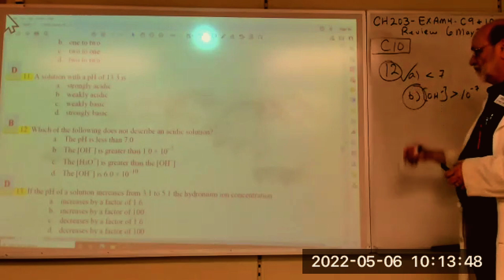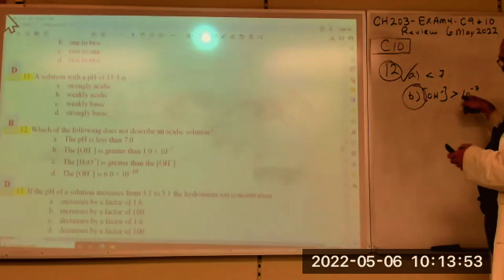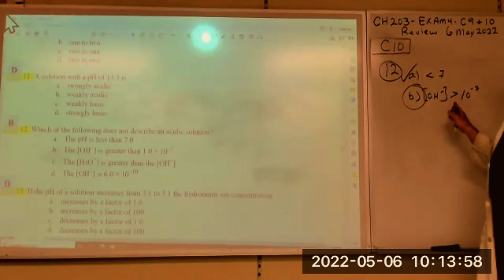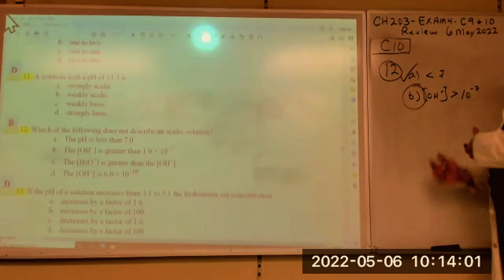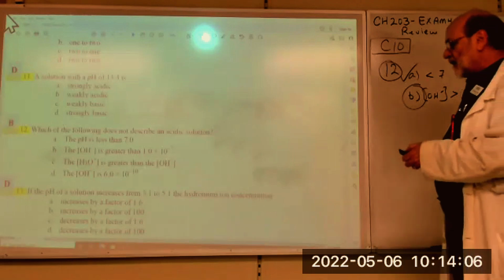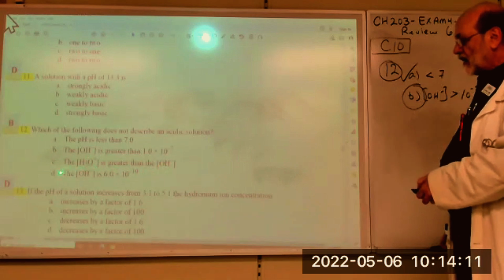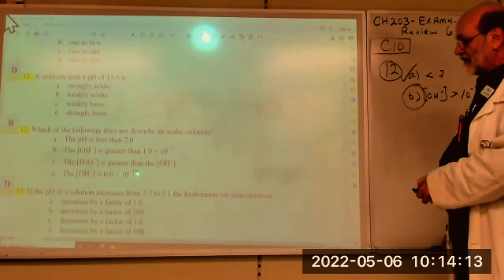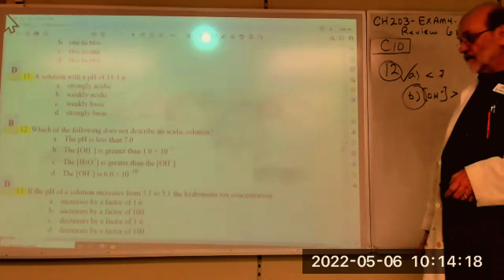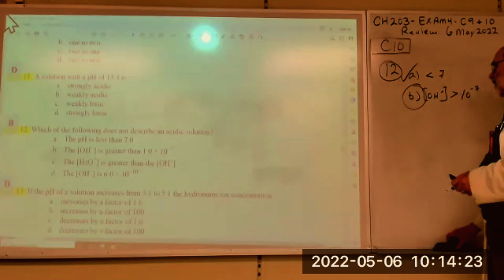Right? So greater than this would be what? 10 to the minus 6, 10 to the minus 5, 10 to the minus 4. Right? Backwards. Oh, we found our answer then. If the hydronium is greater than the hydroxyl, it's acidic. If the OH is 10 to the minus 10, that's smaller than minus 7. So that's acidic, not basic. Okay, we found our answer.